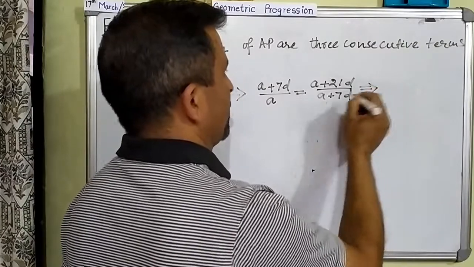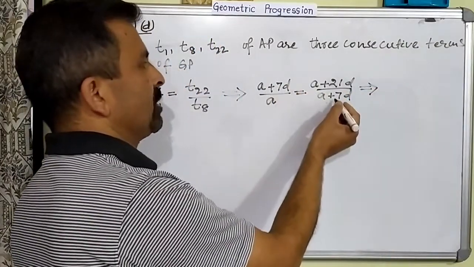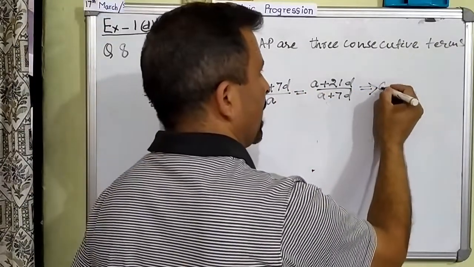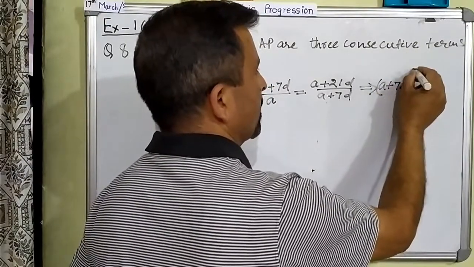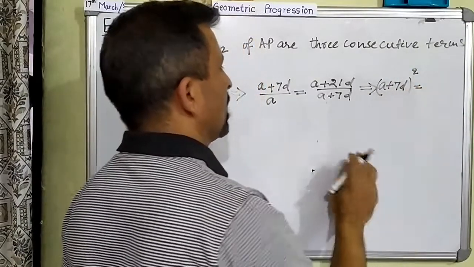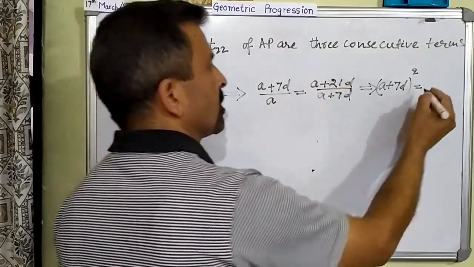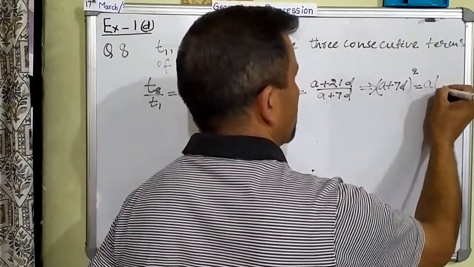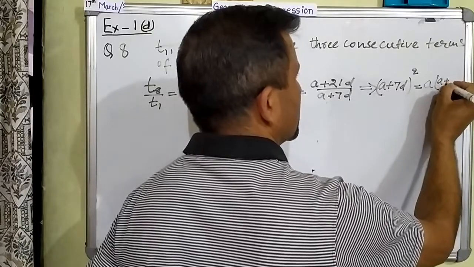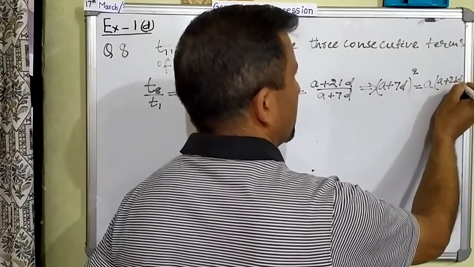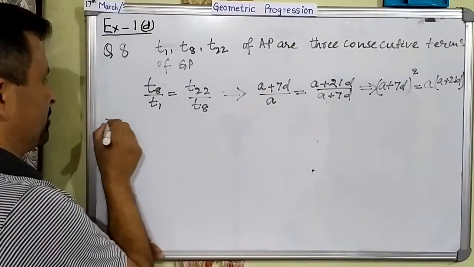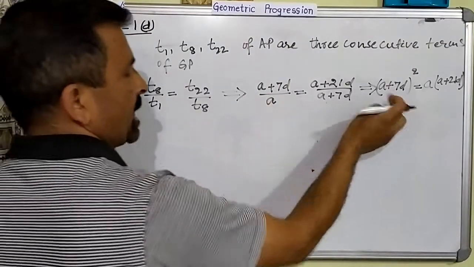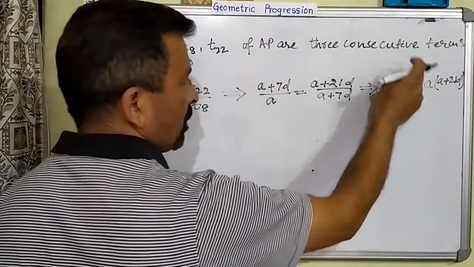We can cross multiply. So (A plus 7D) into (A plus 7D) will become (A plus 7D) square is equal to A into (A plus 21D). We can simplify now. For this we can use the perfect square expansion, (A plus B) whole square.